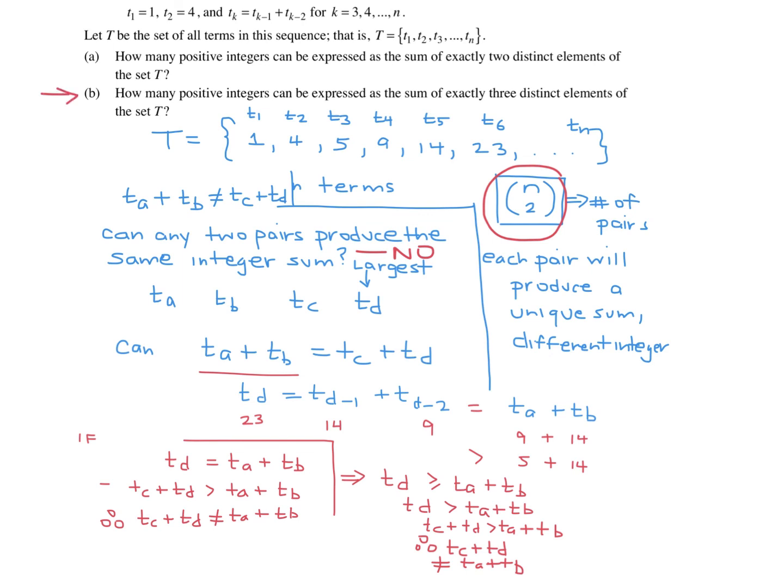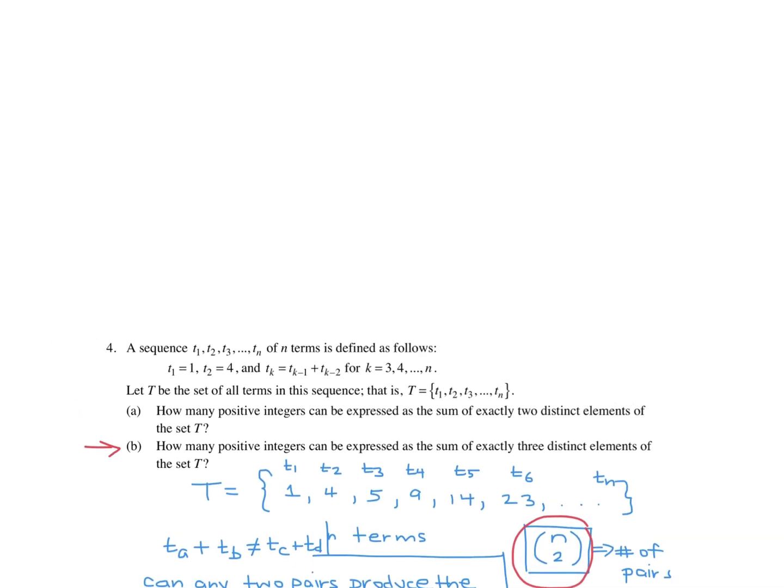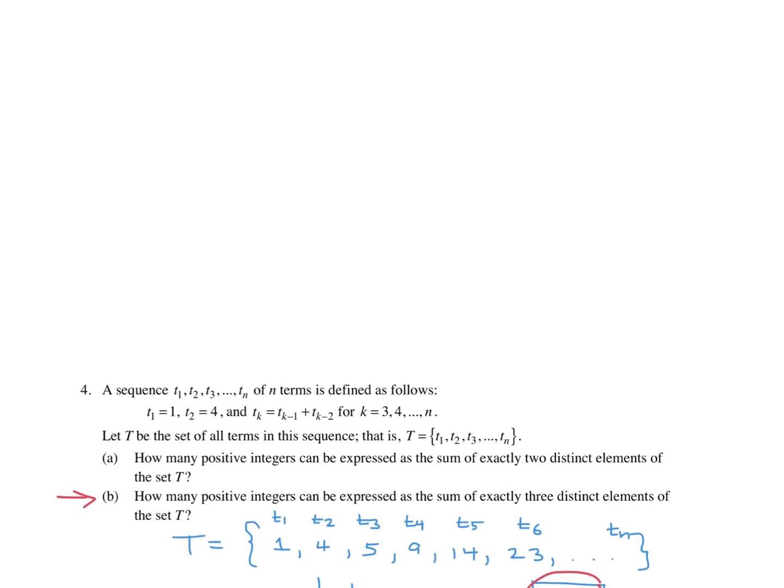Part B, how many positive integers can be expressed as the sum of exactly 3 distinct elements of the set T? All right, so now they have decided to go and talk about 3 instead of 2. Okay, so now we are told we've got TA, TB, and TC, and then they're adding them, and then same kind of story. How many different unique sets can you get?